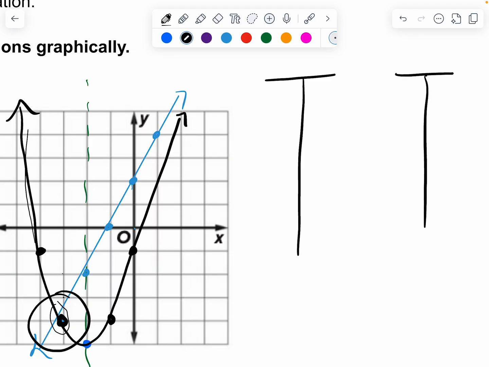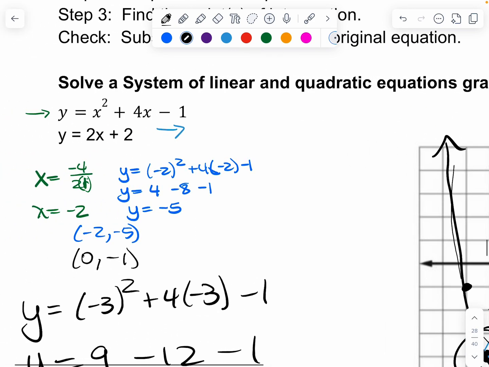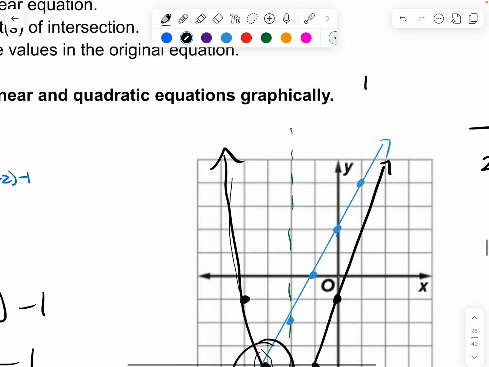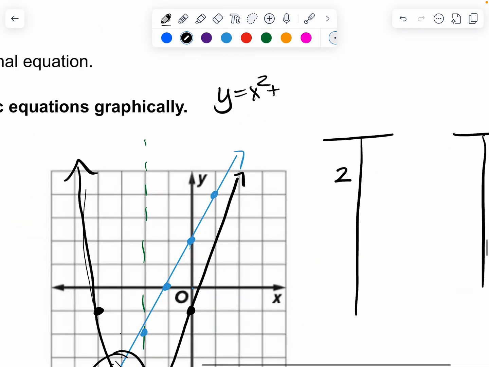So we're looking at 1, 2, let's see, at 2, y equals x squared plus 4x minus 1. If I plug in a 2, that would get me 4 plus 8 minus 1, that would get me 11.